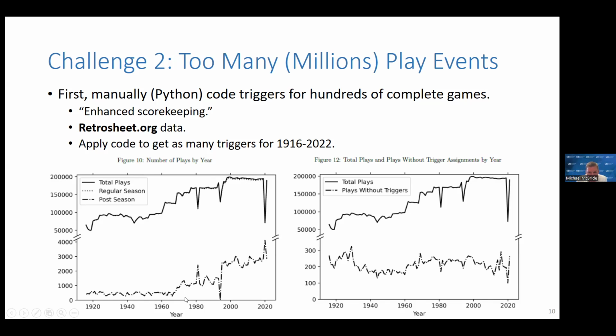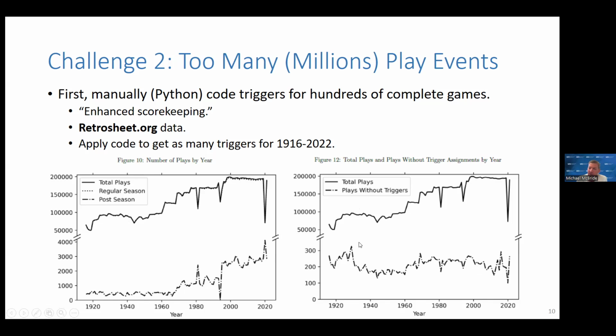A much smaller fraction are the postseason games, the playoff games. Farther back you go in time, the number is smaller, because there were fewer teams, so fewer total games. There are also some dips due to labor strikes and the COVID pandemic, where they shortened the season. So there are a few blips, but in general you have this increasing trend over time as the number of teams goes up.